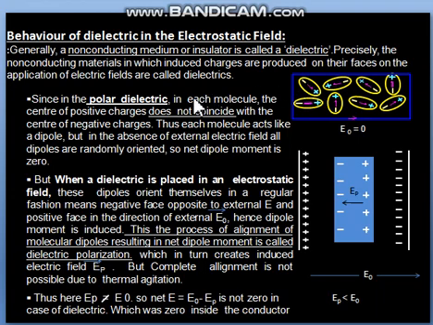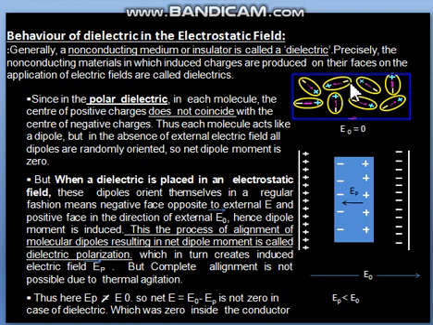So we can say that in the polar dielectric, polar means poles have been formed. Each molecule is behaving like a dipole because poles have been developed even in the absence of the electric field. This diagram represents each molecule: this is one molecule, this is second, this is third, and each molecule is a dipole, but all the dipoles are randomly oriented.